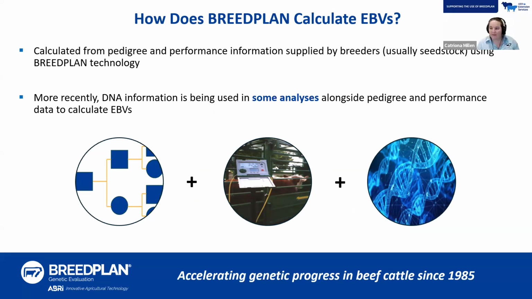So for those of you that have single-step BREEDPLAN evaluations, we've got three sources of information: our pedigree, our performance, and DNA. For those of you who have the traditional BREEDPLAN analyses without genomics at this stage, we're using pedigree and performance data. And that performance data is not just on an individual animal. The performance data on the individual animal plus all of its relatives will contribute to an animal's EBVs.